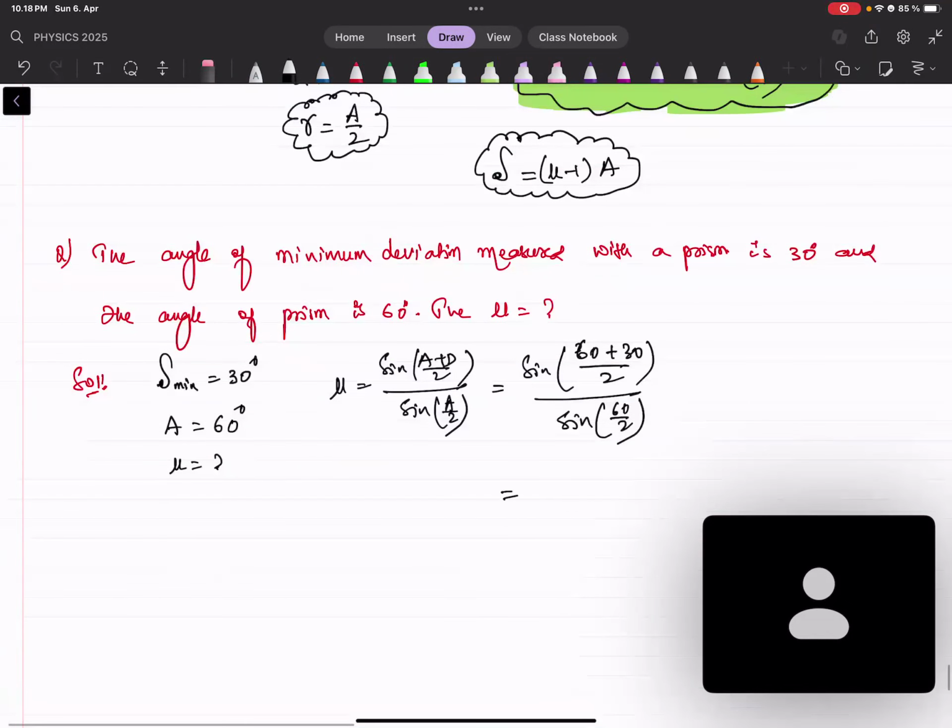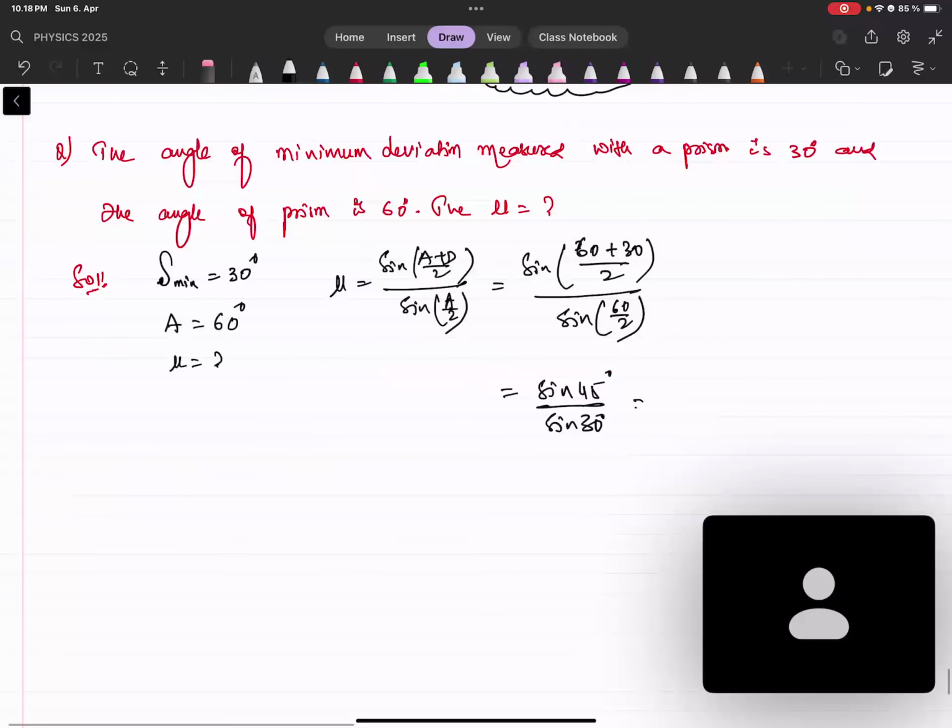So 60 plus 30 is 90, 90 by 2 is 45. Sine 45 divided by sine 30 degrees. That value is 1 by root 2 divided by 1 by 2, so it is 2 by root 2, that is root 2. Am I clear?